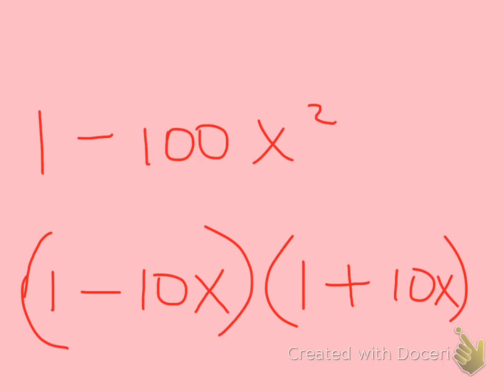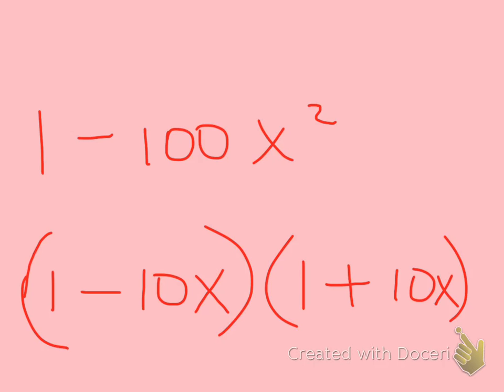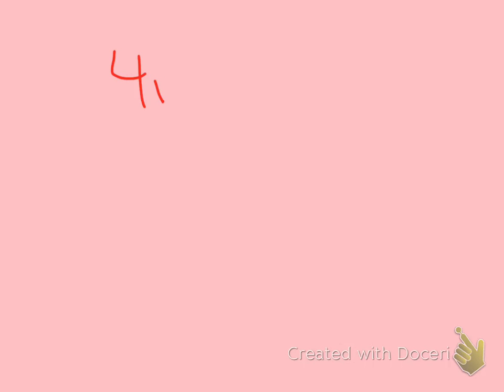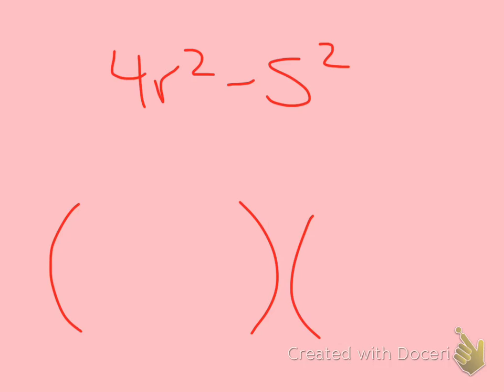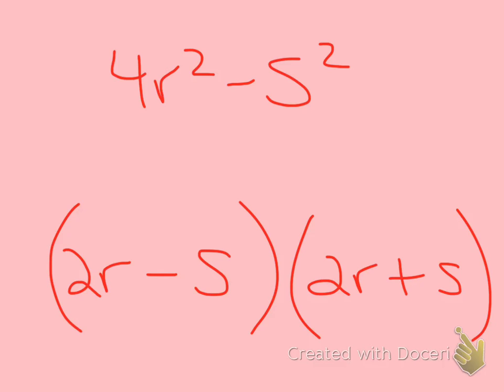Very good. Okay, let's do another one. Now we're going to put variables in two places instead of last time when we had only one variable in one place. So now we're going to do 4r squared minus s squared. Okay, 2r minus s, 2r plus s. Yeah, okay. Oh, I like that.